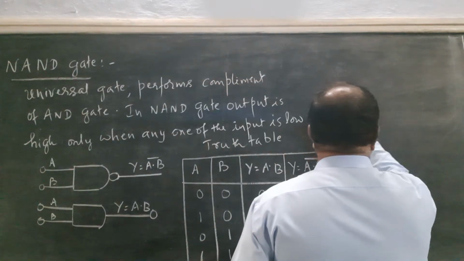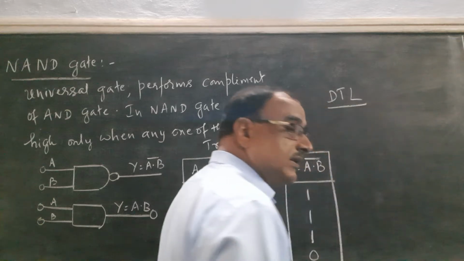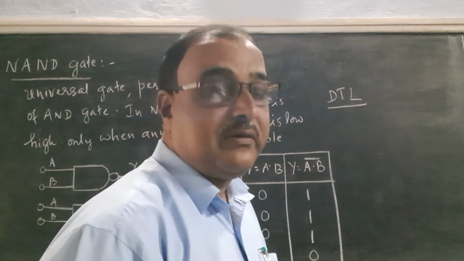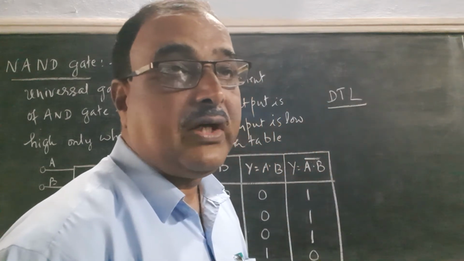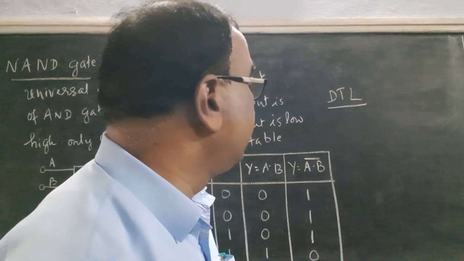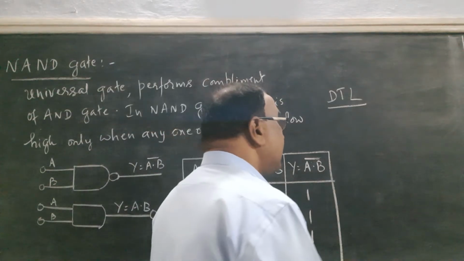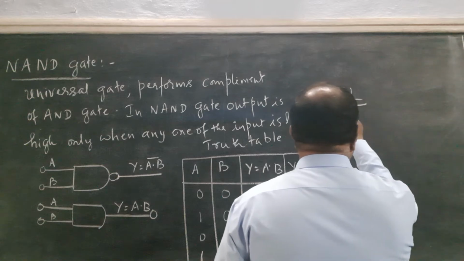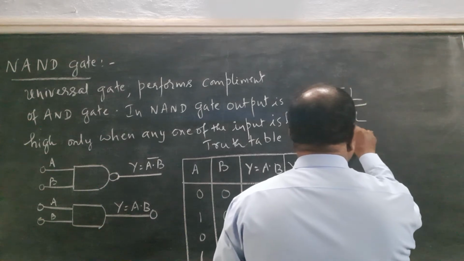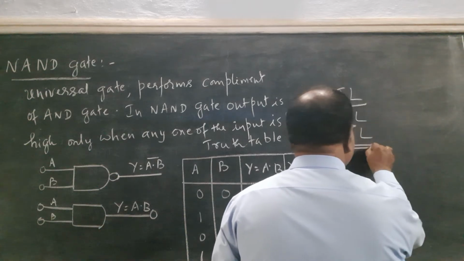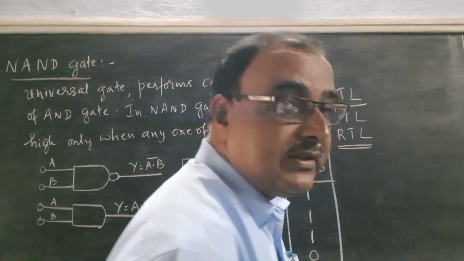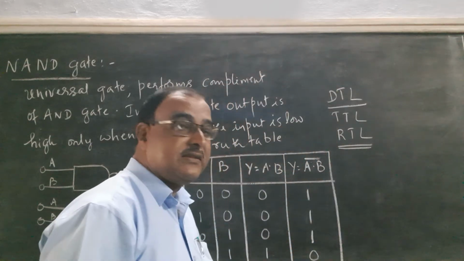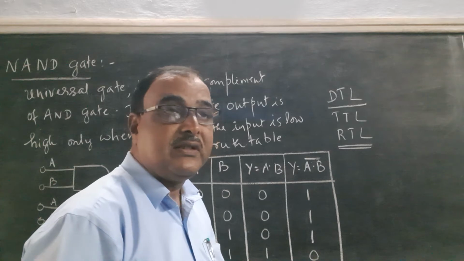Now we are supposed to consider the diode transistor logic gates, DTL gate. You are familiar that in the previous video I mentioned three gates: DTL, TTL and RTL gates. This is the beginning of the logic gate. RTL gate is the first logic gate that was designed.